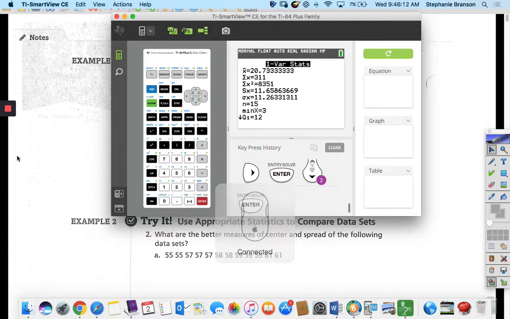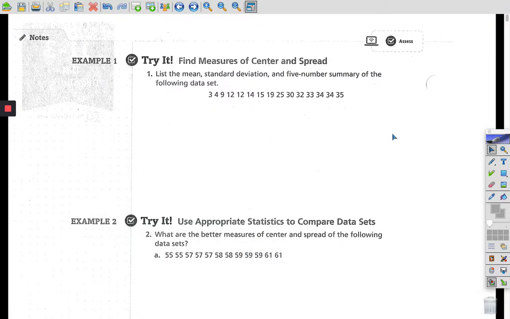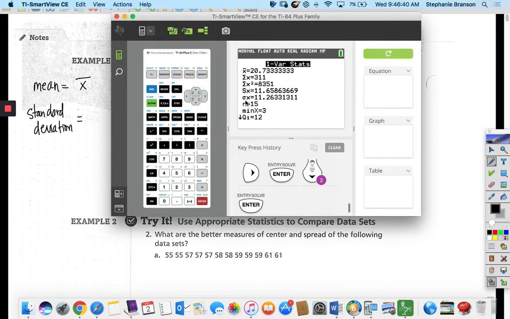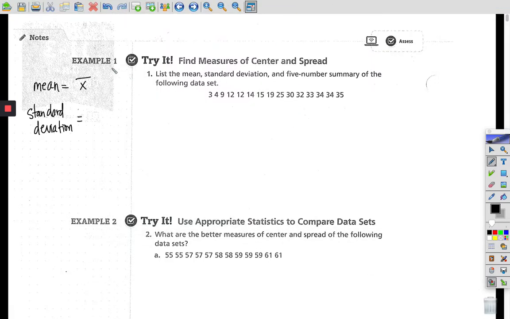All right. So the first thing over here that I'm going to write is the mean. The mean is the X with the line over it. Standard deviation is this symbol right here. Kind of reminds me of a circle with a line on it like that. That's my standard deviation.